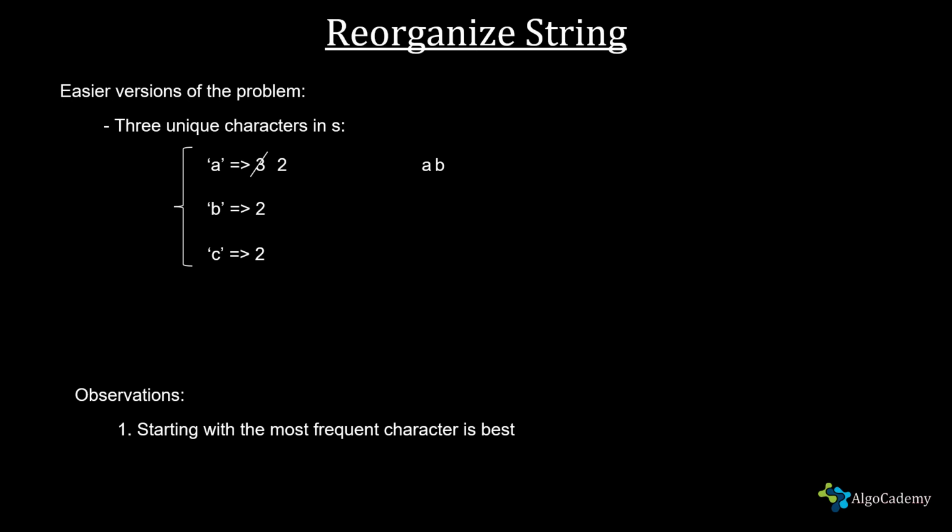Let's say we added a B, decrement its number of occurrences. Now we will add a C, decrement its number of occurrences, and we can do the same again, right? A, B, and C, decrement the number of occurrences, and in the end add another A, and we have a valid solution.